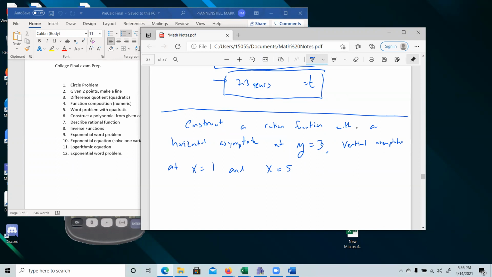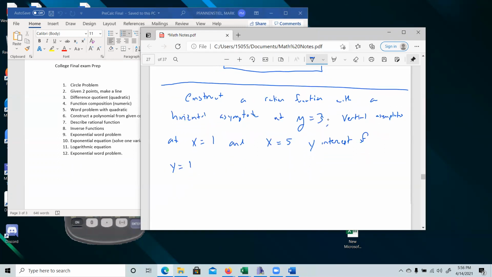Okay. And let's see, do I want to make it anything else here? How about we do a y-intercept of 1. Okay. I think that's something we can work with.